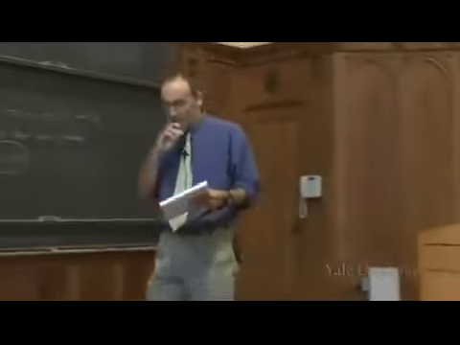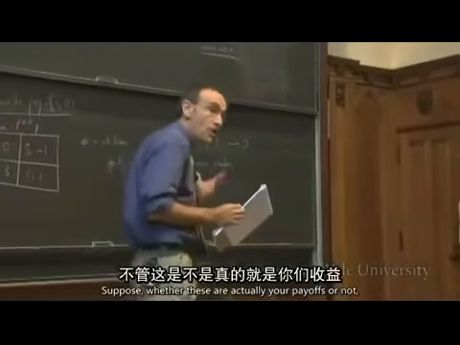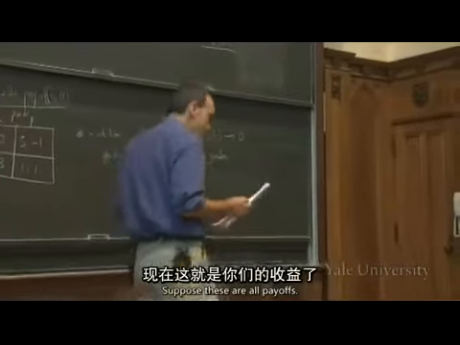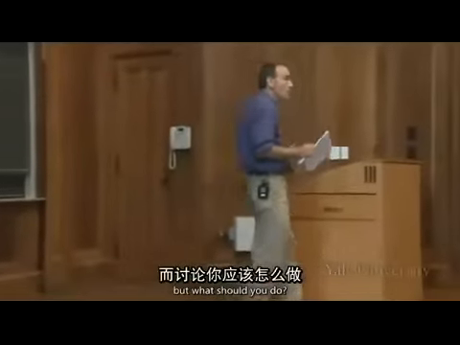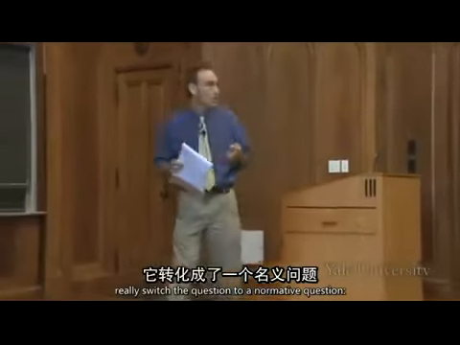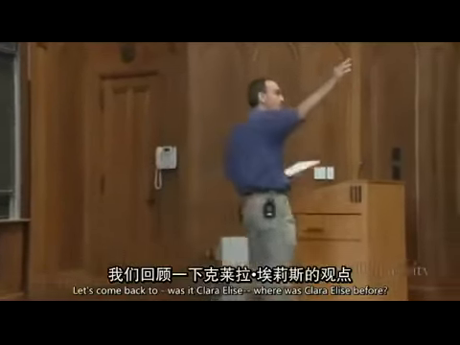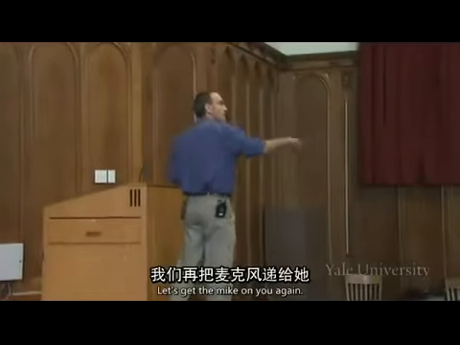So now we can ask a different question. Suppose, whether these are actually your payoffs or not, pretend they are for now. Now we can ask, not what did you do, but what should you do? Now we have payoffs, I can switch to a normative question. What should you do? Let's come back to Clara-Lise. Where was she before? Let's get the mic on you again.